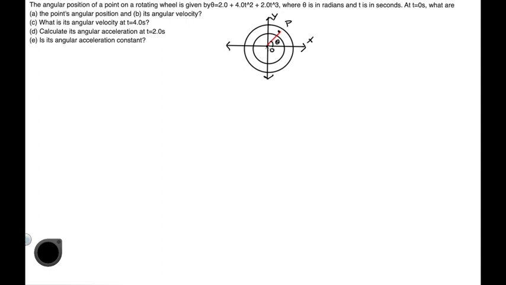As the wheel rotates, the point also rotates, and therefore this angle changes with respect to time.